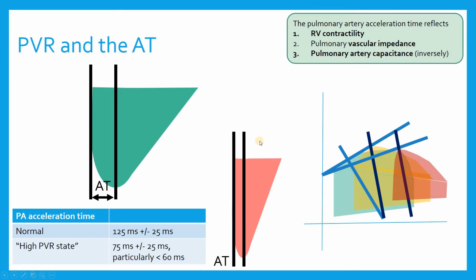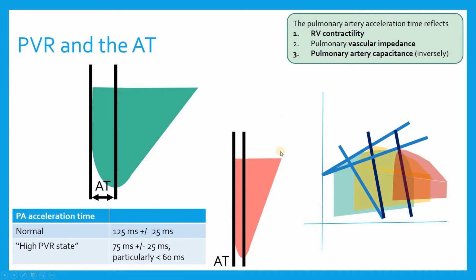So here again, my green curve, I had a long acceleration time because my contractility was better and my pulmonary vascular resistance was lower. Here my acceleration time is smaller because I have a smaller stroke volume, lower contractility, and a higher pulmonary artery vascular resistance or vascular impedance.